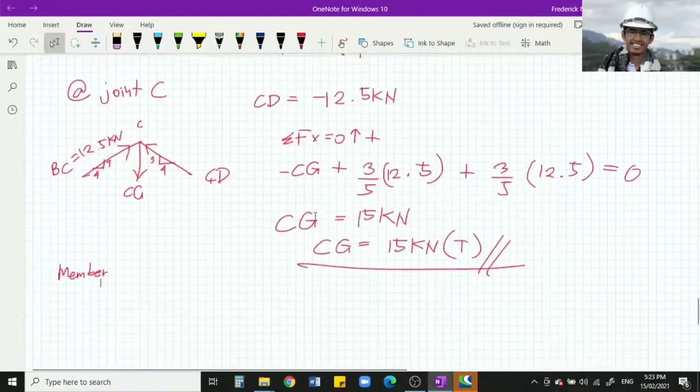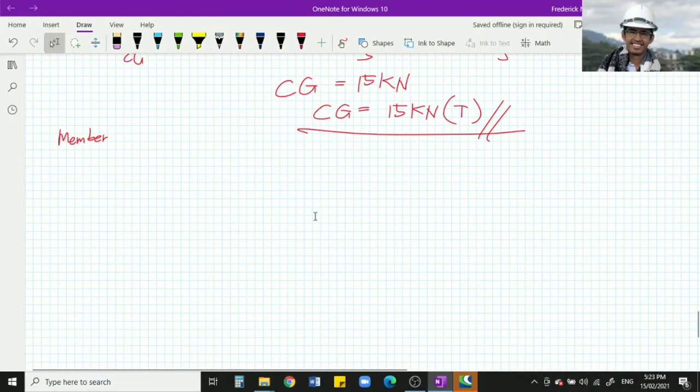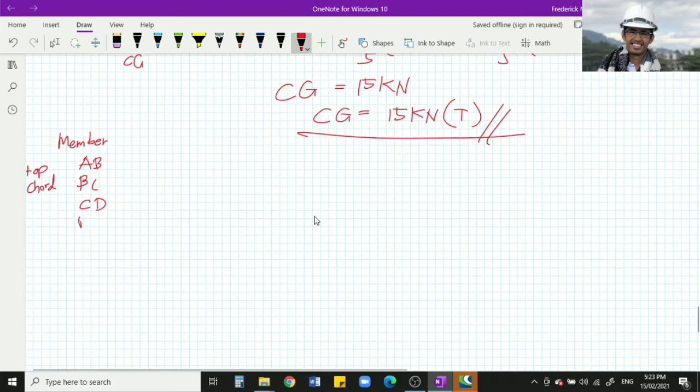Okay? So, ilista natin. So, yung member, so yung mga top chord muna. So, yung top chord natin will be AB, BC, CD, and DE. Okay? And for the web members naman, that will be BF, BG, CG, DG, and DH.